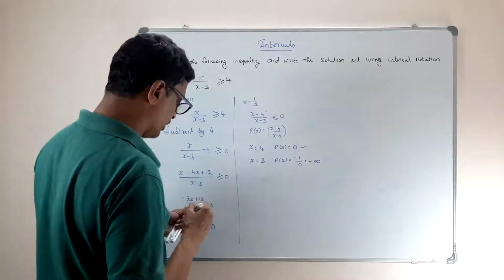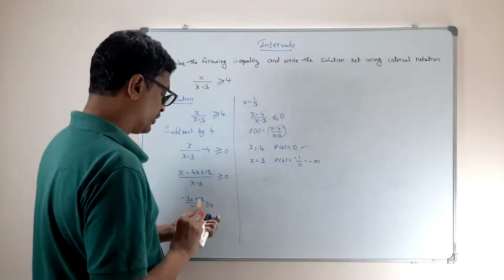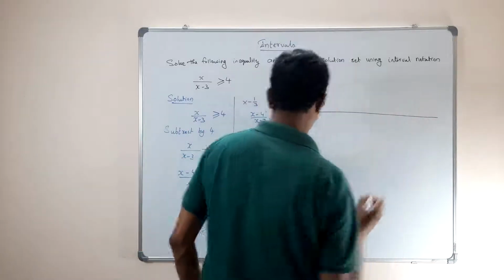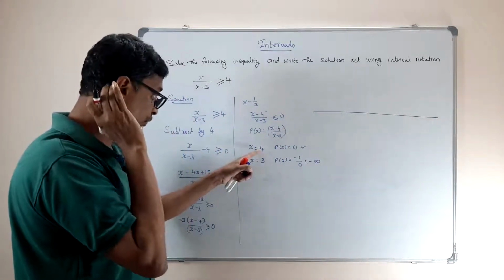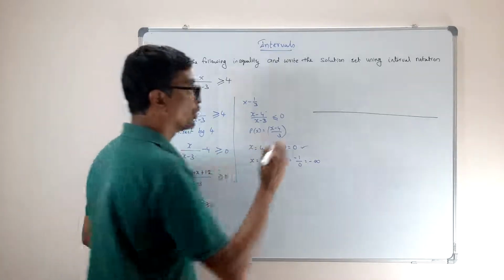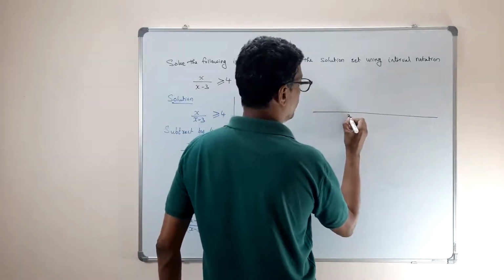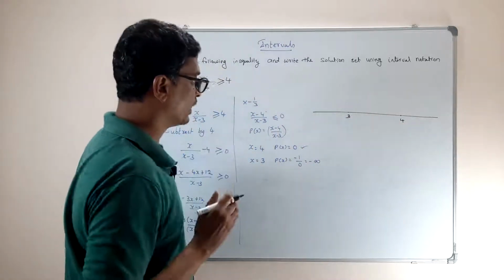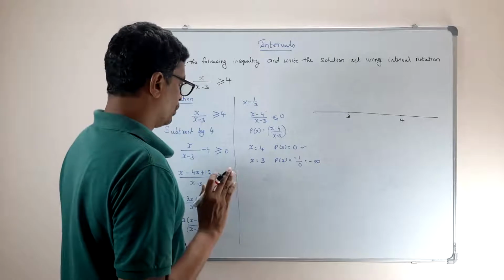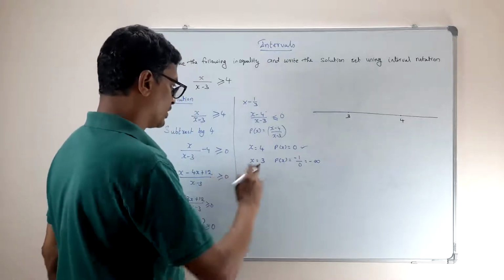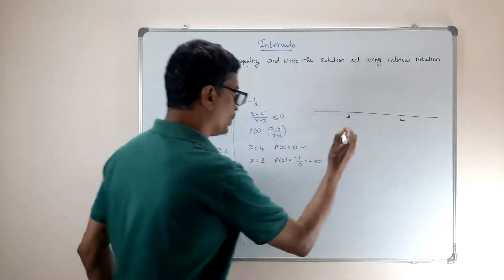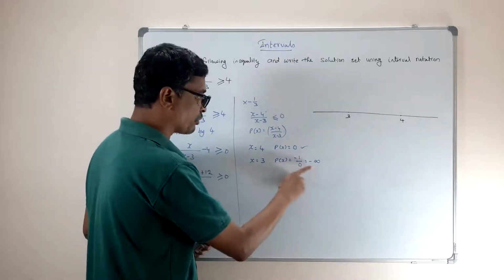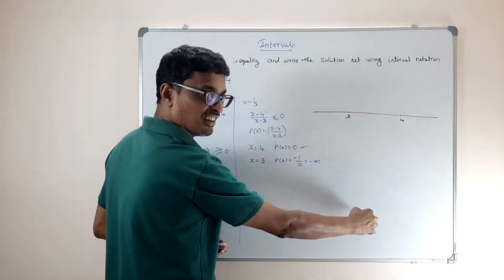So let us draw the number line. How many points are we having? x is equal to 4 and x is equal to 3. So let us make here 3 and here 4. Now it is interesting: at x is equal to 4, our point is 0, and at x is equal to 3, our point is minus infinity.